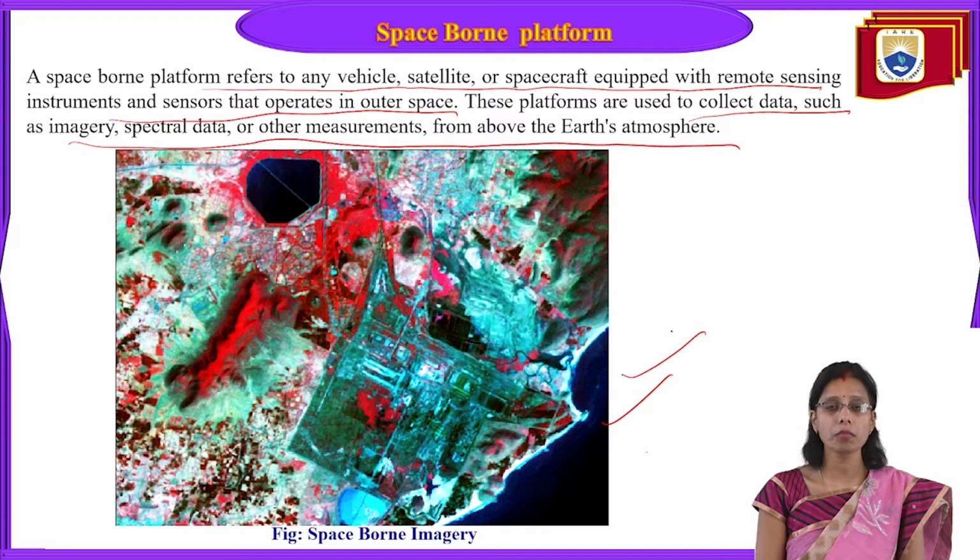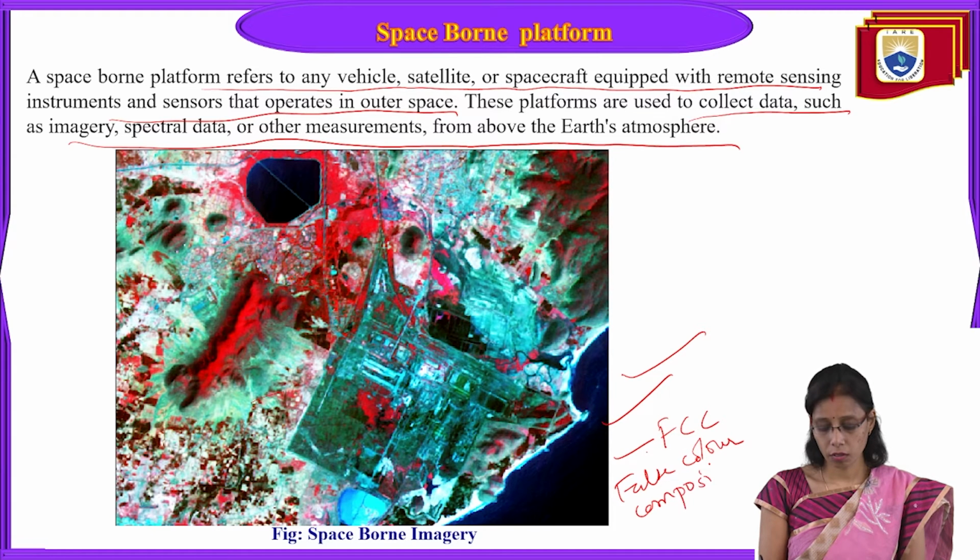So this is a spaceborne platform. Here, this is a satellite image. It always comes in a very different color actually. This comes as an FCC. FCC we call false color composite. False color composite means it won't come in a natural color.